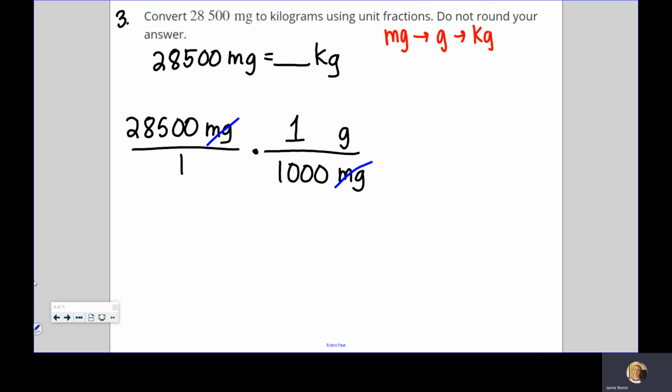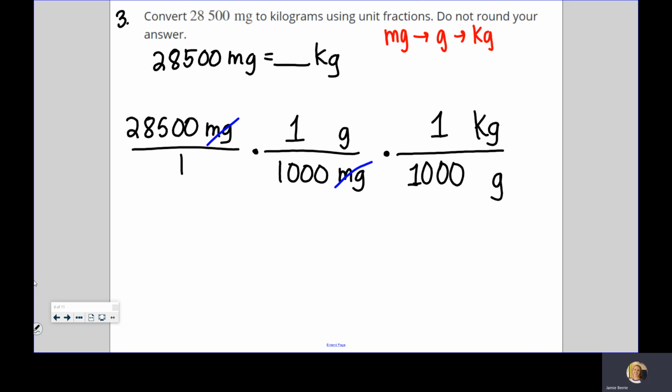Now we can go from grams to kilograms. So multiply by another unit fraction, put grams in the bottom. We know the prefix kilo means 1,000.